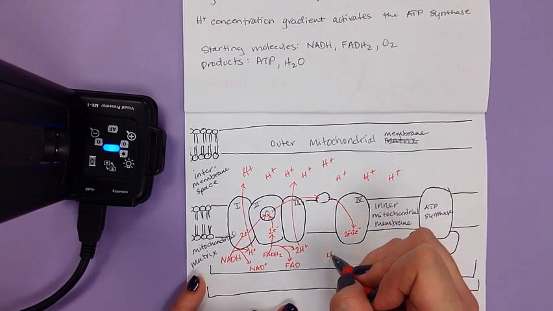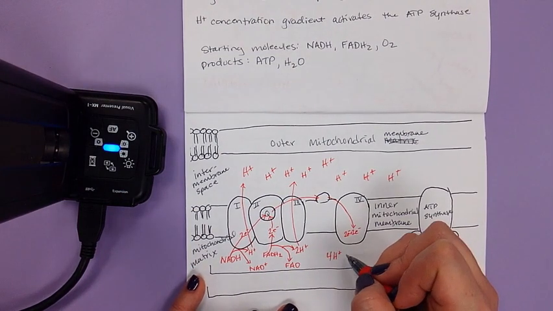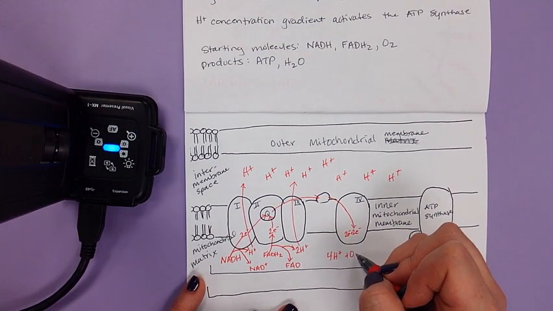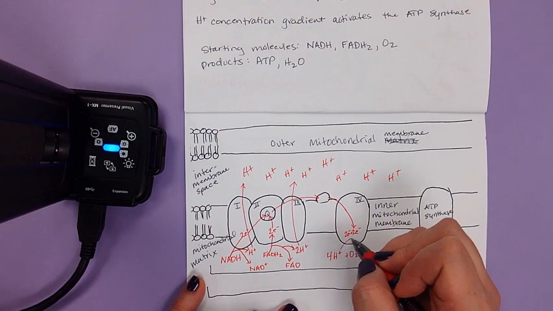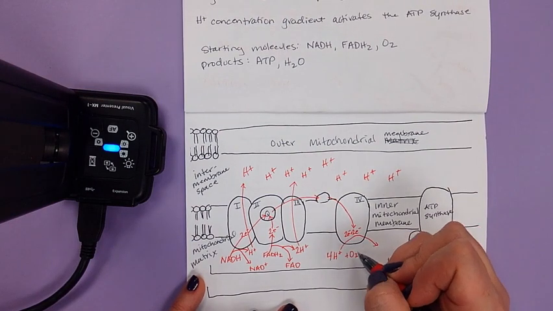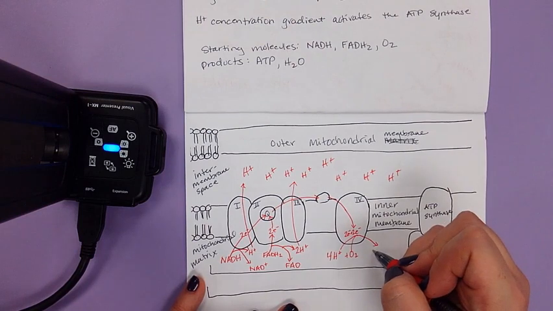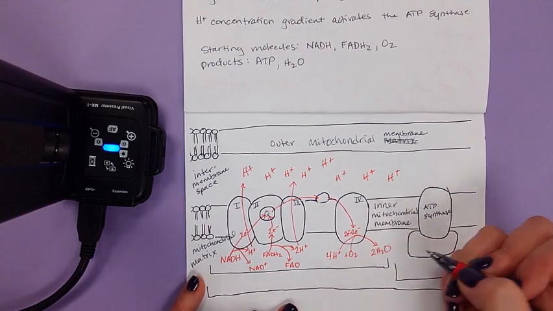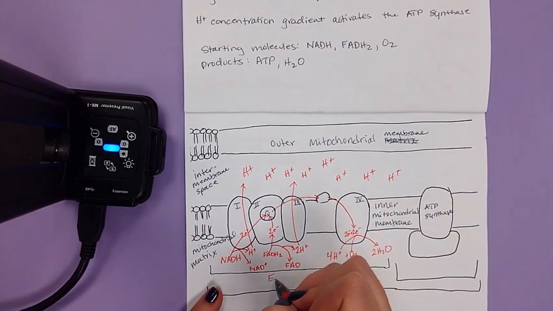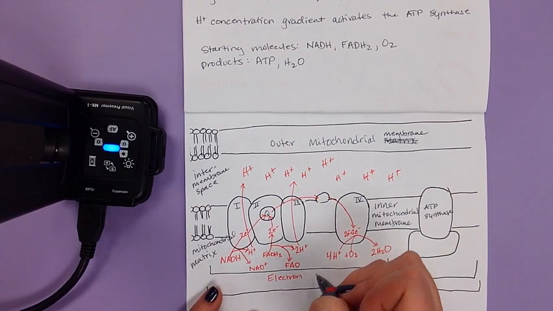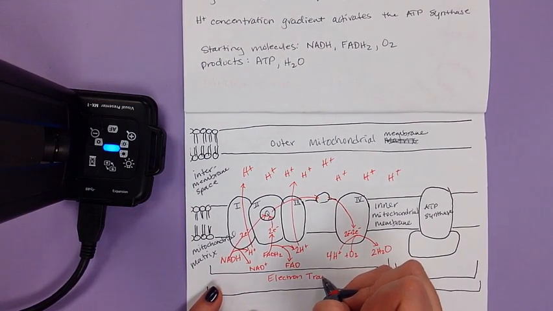So that's important. But now we need something to capture those electrons. We're going to take 4 hydrogen ions and oxygen gas, and we're going to combine those with the 4 negative electrons to form 2 water molecules. So we say that water is the final electron acceptor.